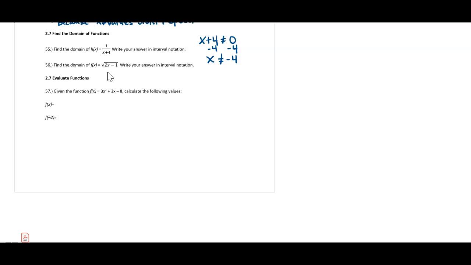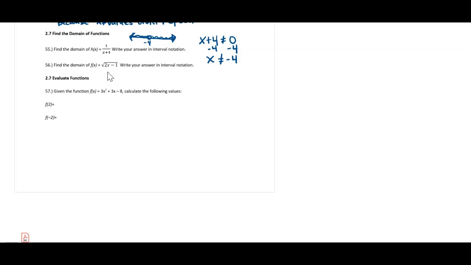I'm going to just draw a little picture of what this is saying too. So at -4, we basically have a hole in the graph there. It can't be -4, but it can be everything to the left of it and everything to the right of it.